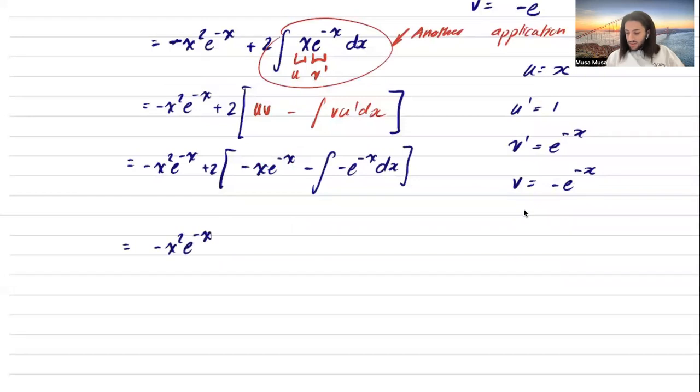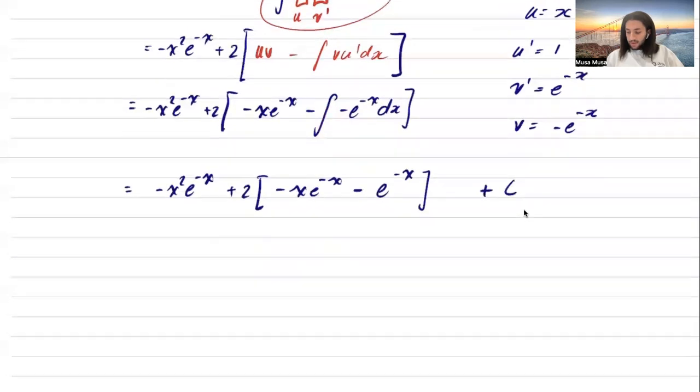So minus x squared e to the minus x. Should we just expand and integrate? No, I'll leave it like this for now. What's the integral of this? Well, divide by the derivative of the power, so dividing by minus 1, you're going to get just minus e to the minus x.